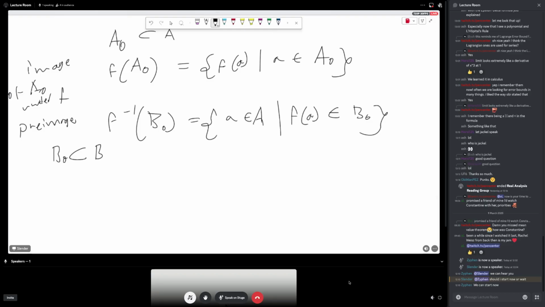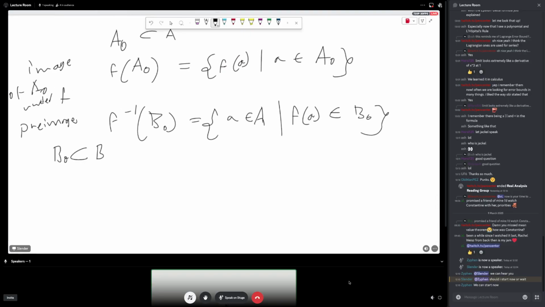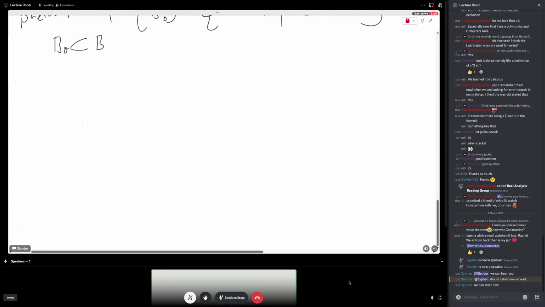Now we also have something we call a restriction of a function, and we denote it by saying, let's say we have f some function A to B. Now we can restrict this function.